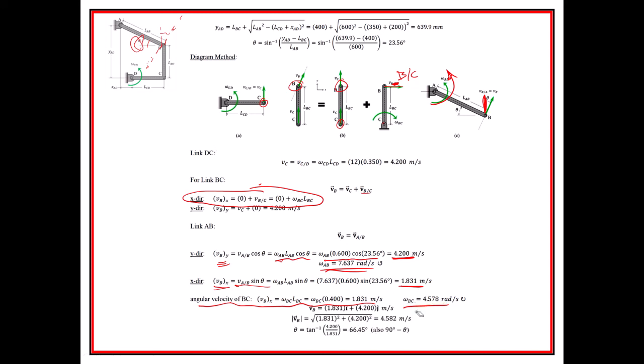And so the velocity of B was something that we were being asked for, and we have the components of it now, in the x direction and the y direction, and so we would find 4.582, and then also we'll find the angle with the rise over the run is 66.45, which we actually recognize is also 90 degrees minus that 23.56.